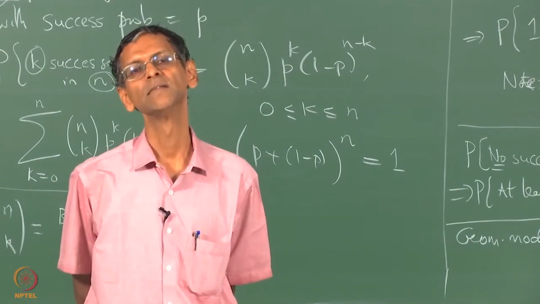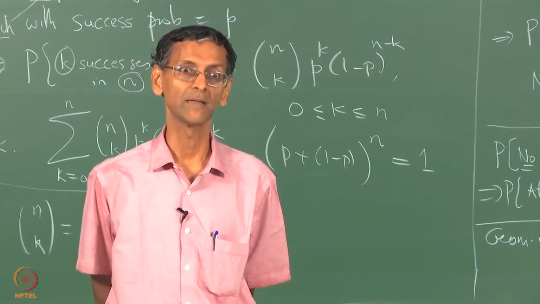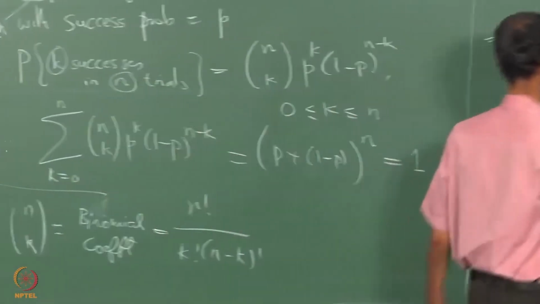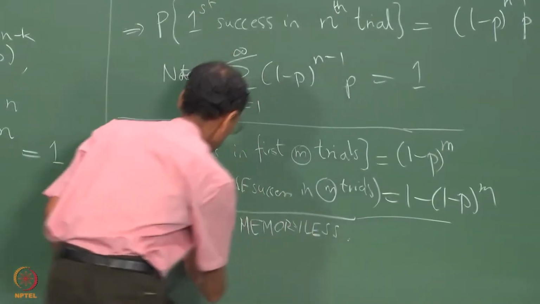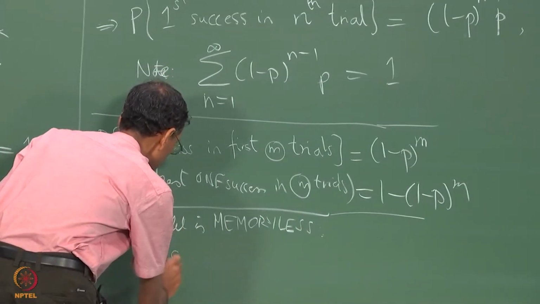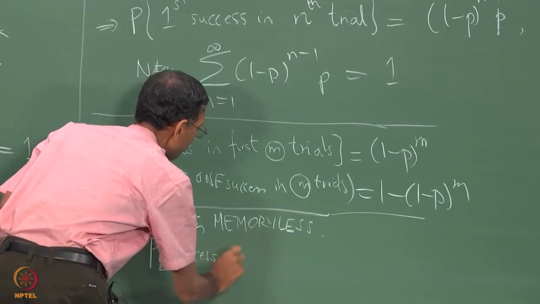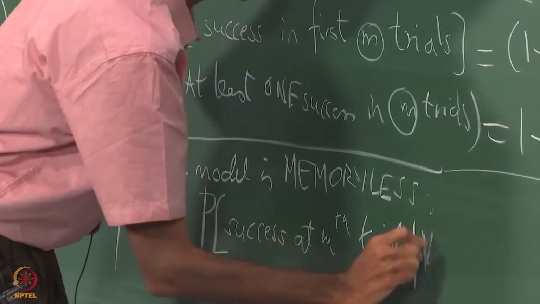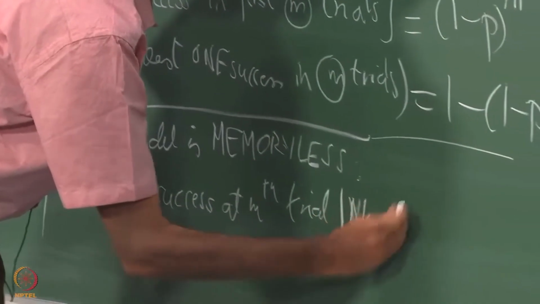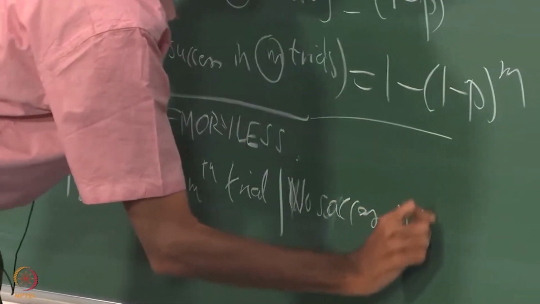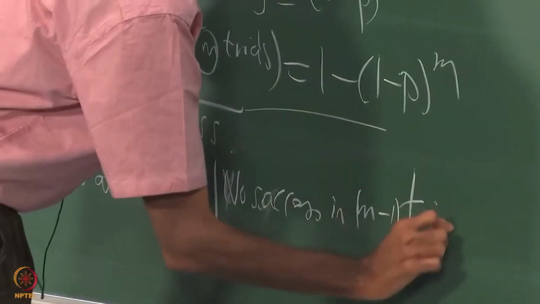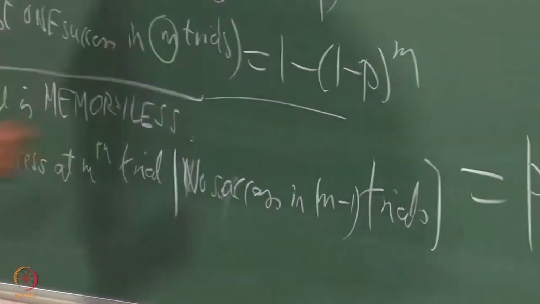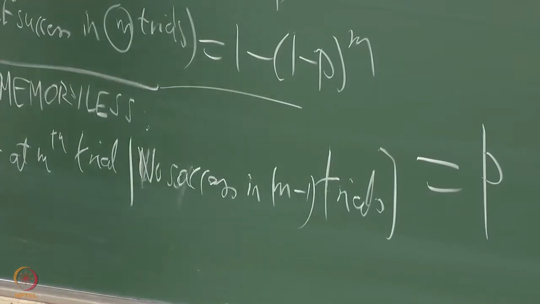It is still p, because the trials are assumed to be independent. The probability of success at the mth trial given no success in m minus 1 trials is still equal to p, which is the probability of the success at the mth trial by itself.